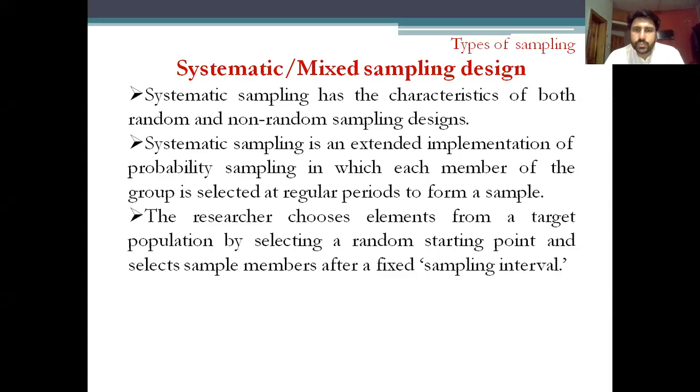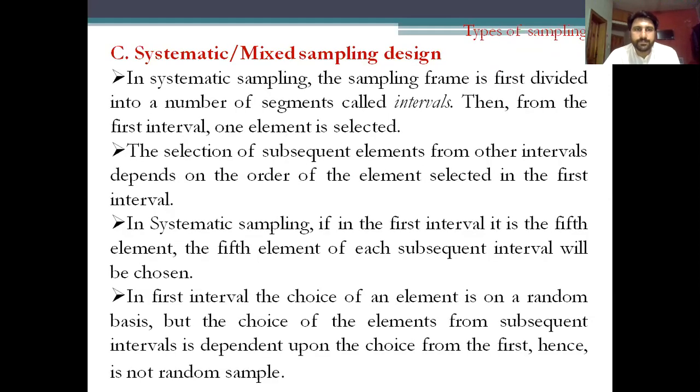The researcher chooses elements from a target population by selecting a random starting point and selects sample members after a fixed sampling interval. Therefore, the researcher initially selects a random sample, and then the non-random technique is applied, in which after a fixed interval, the sample is chosen.